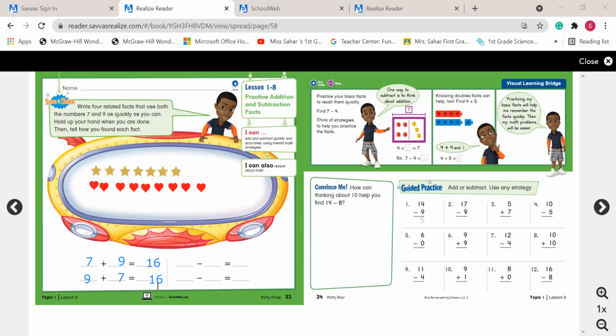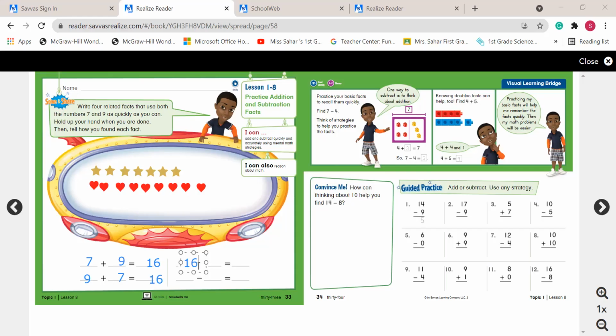So now let's use the information I have here and think addition to subtract. I'm gonna start with my big number 16, my sum or total. 16 take away the 9, for example. Start with the 9.